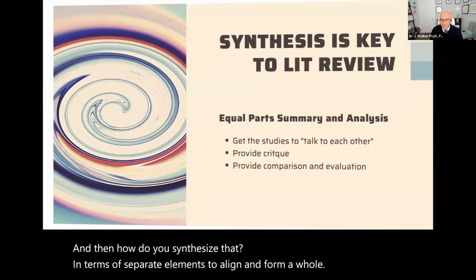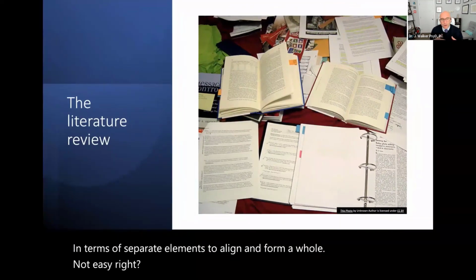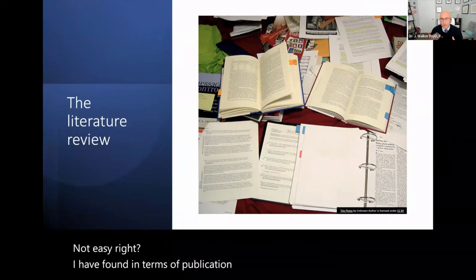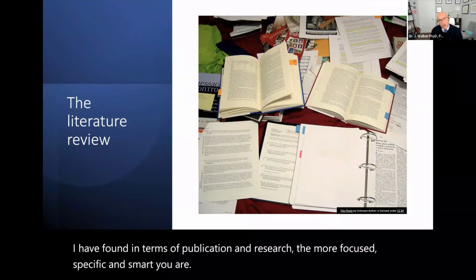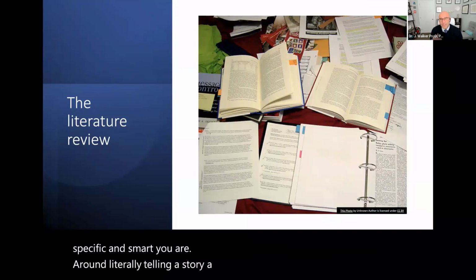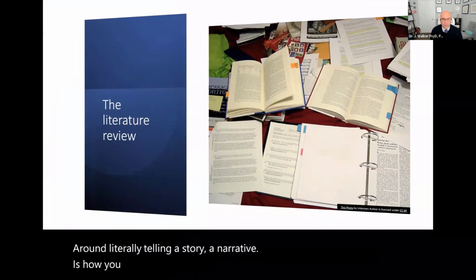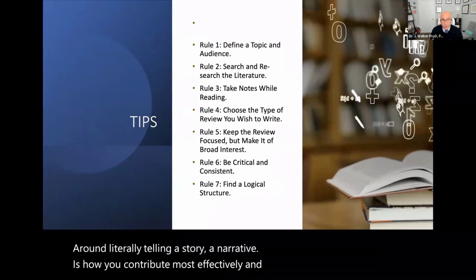Not easy, right? I have found in terms of publication and research, the more focused, specific, and smart you are about literally telling a story, a narrative, is how you contribute most effectively and powerfully to your work.